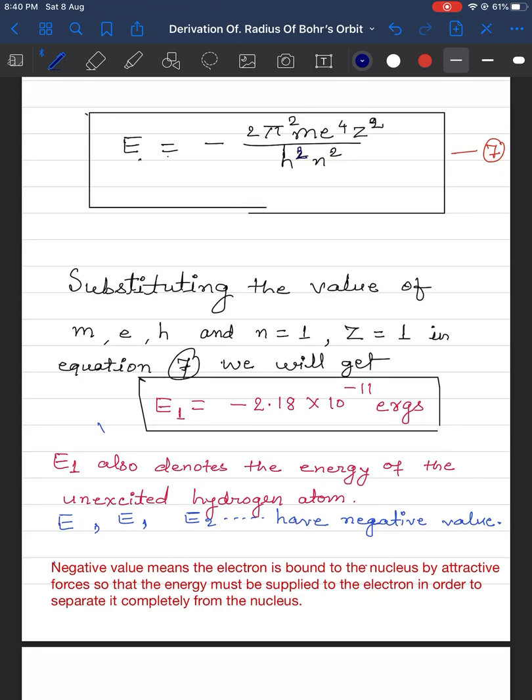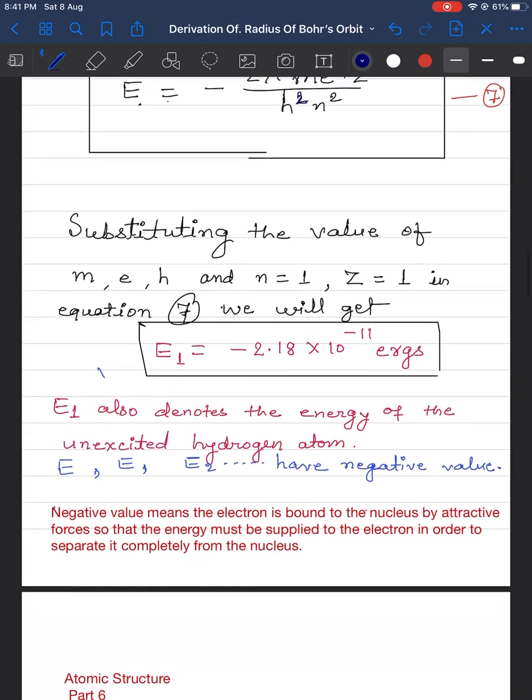E1, E2 and so on have negative values. Negative value means the electron is bound to the nucleus by attractive forces, so that energy must be supplied to the electron in order to separate it completely from the nucleus.